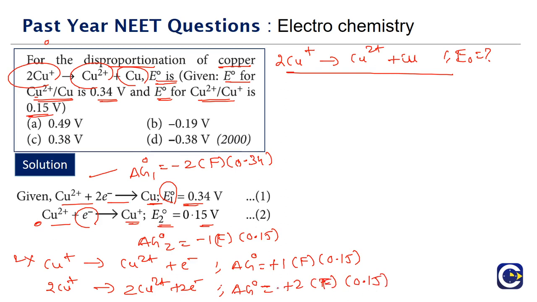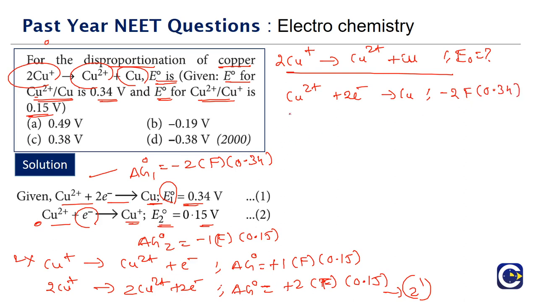The first equation and the modified second equation, let us call it 2 dash. If you add both of them, I'll write it down here so it will be very clear. The first equation is Cu2+ plus 2 electrons gives rise to Cu. The del G value for the first equation is minus 2 into F into 0.34.